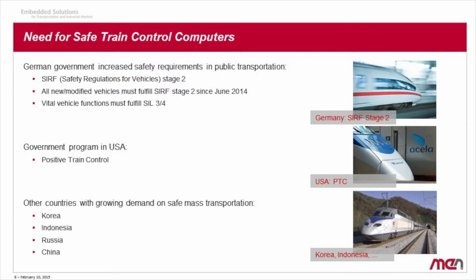Also in the US, you have a big program called PTC, Positive Train Control. With that system, you can ensure that no crash will happen in the future on trains. So it's also a vital system, which is definitely required for SIL 4. You see it also in other emerging countries like China, Russia, and so on, where you have requirements for safe train control systems.